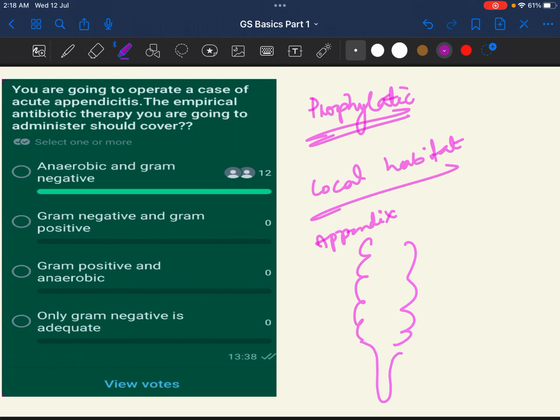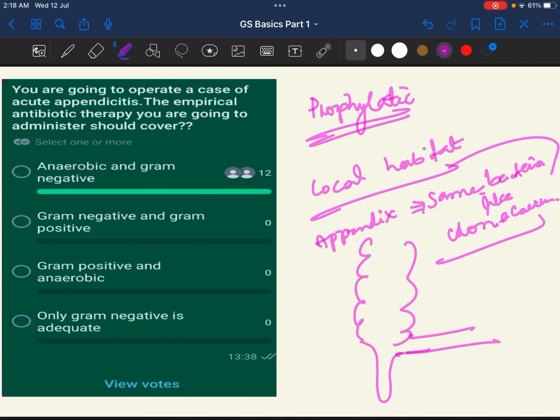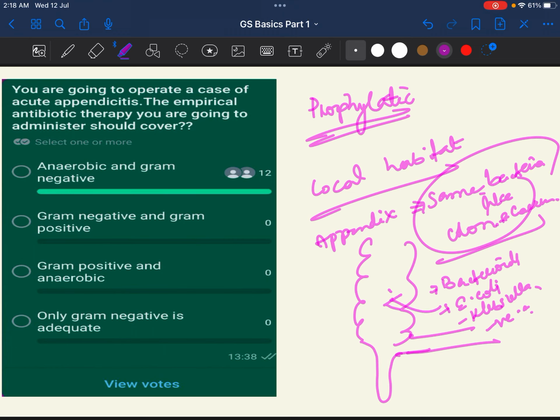If you see here, the appendix is continuous with the large bowel. So the appendix will contain the same bacteria like colon and cecum. There are ample bacteroids and E. coli, Klebsiella and other gram-negative bacteria inside the large bowel.